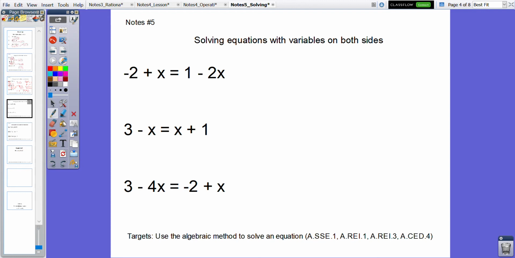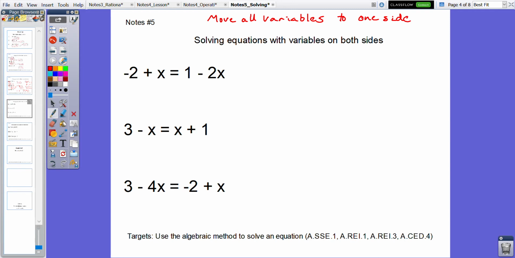So before we get started solving this, there's a couple things we need to know. First of all, when we go to solve these equations, we want to be able to move all variables to one side. In this case, we can assume that the variables will be the same in all equations. The way we move them is using either the addition or subtraction property of equality.